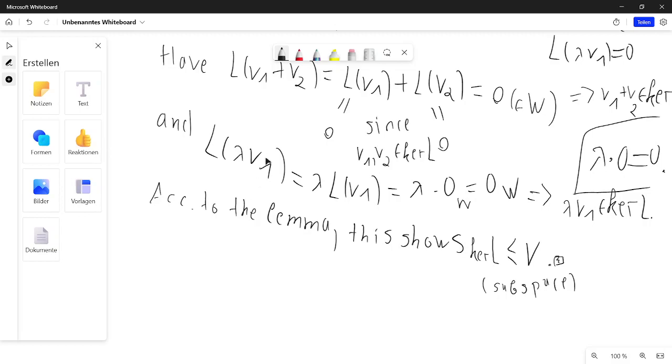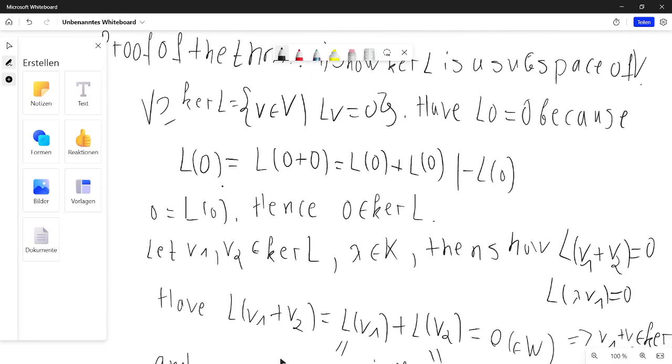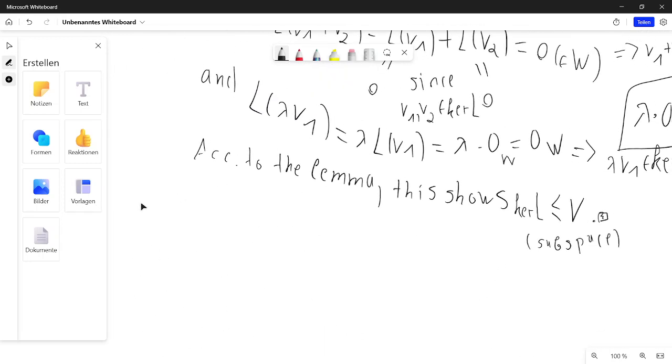Let's do the second part. And the second part was what? Maybe I should let you do it because it's quite similar. It's actually even simpler, I would say.